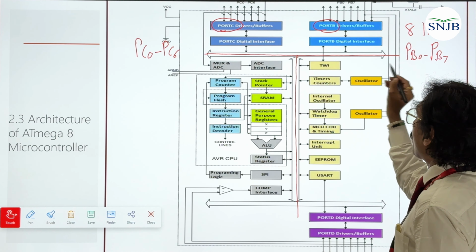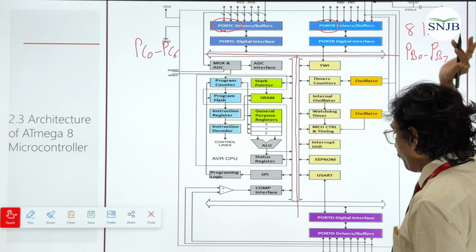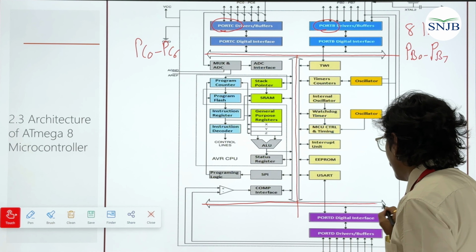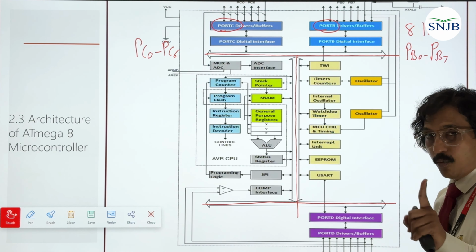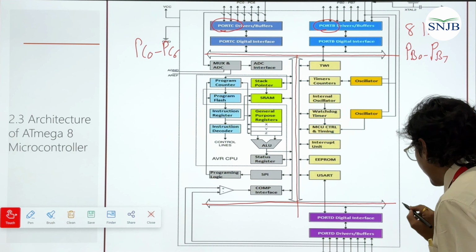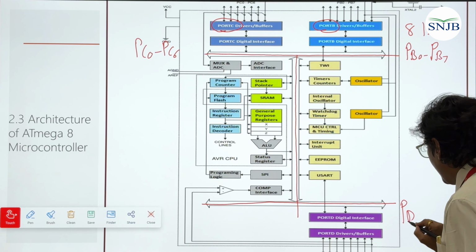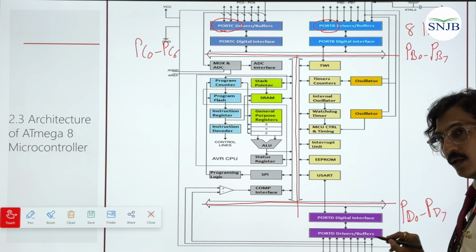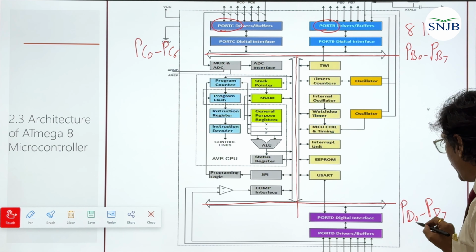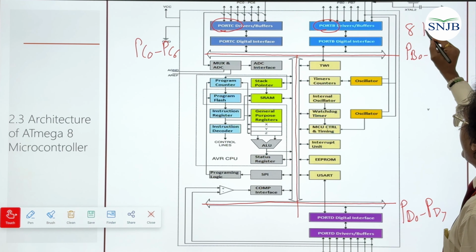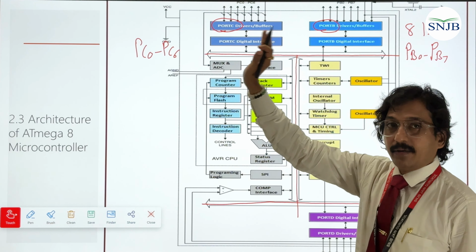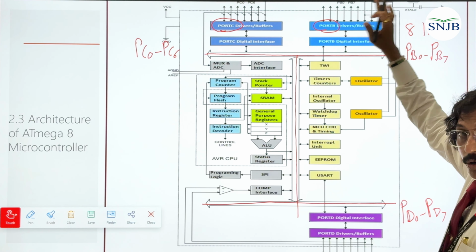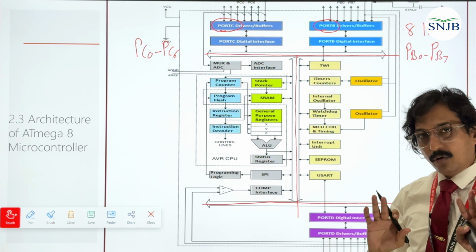So above the horizontal line there are 2 ports and below the horizontal line there is one port, that is port D, port D0 to port D7. So this is 8 bit, this is 8 bit and this is only 7 bits. These are the 23 input output lines. This way you have to remember.